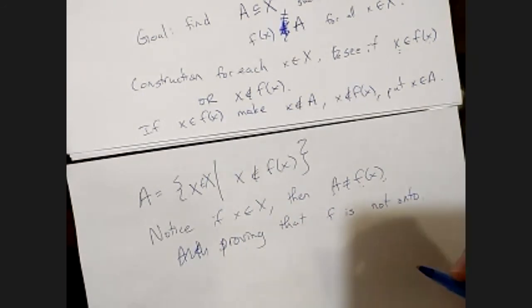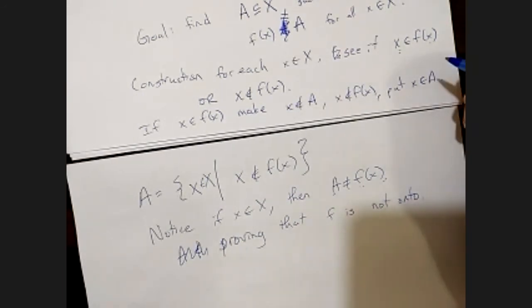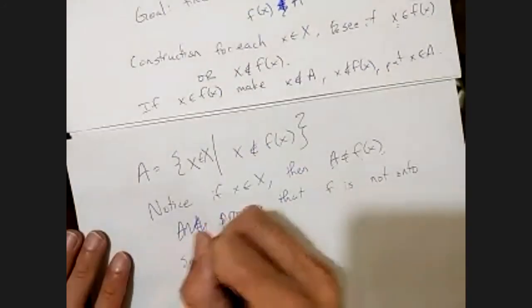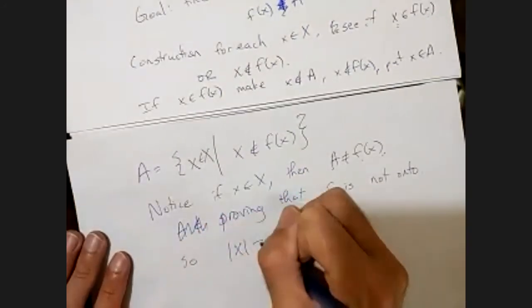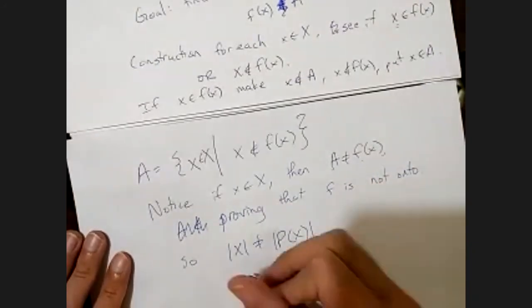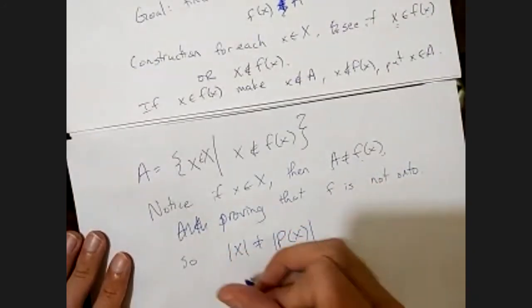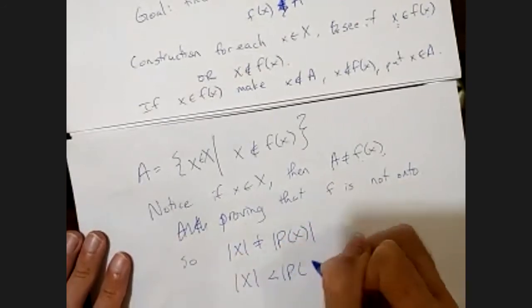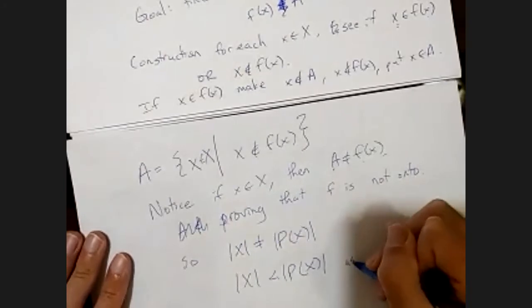It's a contradiction to our assumption that there's a one-to-one and onto function from X to the power set of X. So there's no one-to-one and onto function. We do have less than or equal to, so we just have a strict less than, as required.